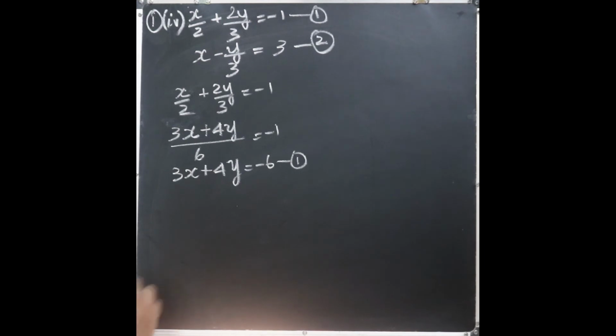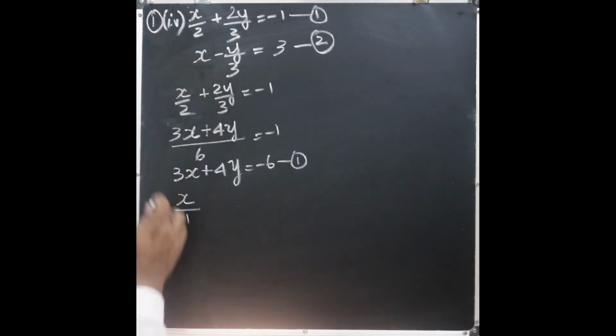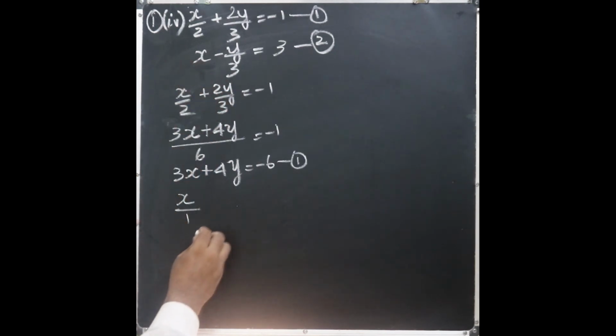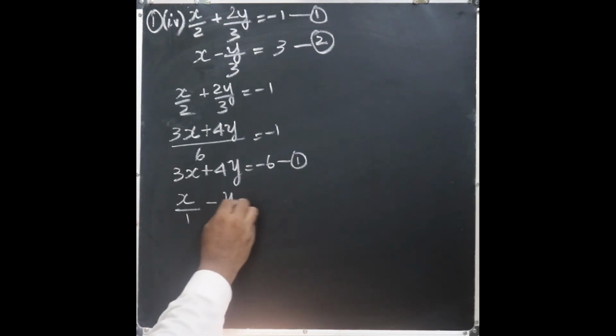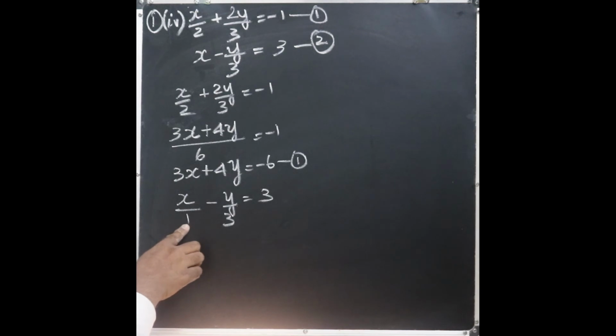Then when you consider the second one, I am going to write this as x by 1 because there is no denominator here. That means it has 1. So x by 1 minus y by 3 equal to 3. This is not necessary to write, I am just writing it for your understanding.